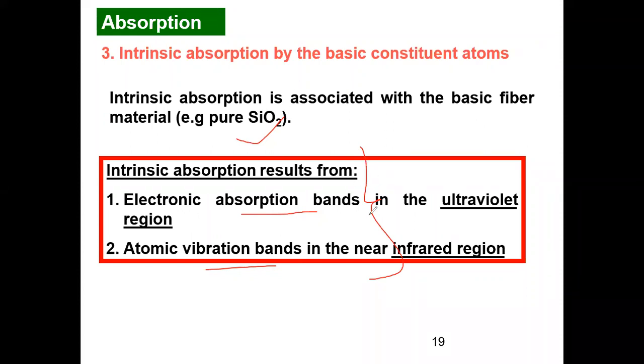So researchers have found that we are not able to operate at the other wavelengths. After 1310, we went directly to 1550. So it is due to this behavior of the glass. It was pure glass only, but since we are operating in these two regions, in ultraviolet we have the absorption band and in infrared we have the vibration band, and that was causing the loss of my signal.